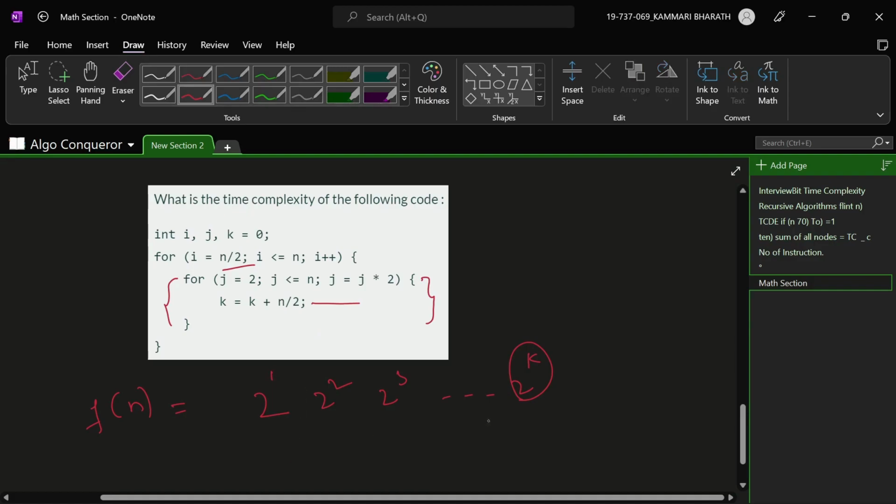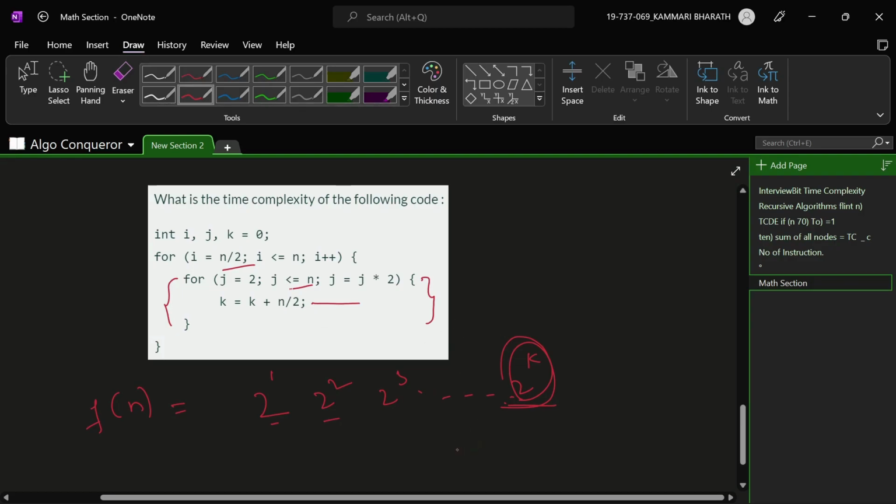So how many terms are there in this? K terms. When does the condition break? When the last condition that holds is 2 power k is equal to n. J initially was 2, then 2 square. It goes on until 2 power k. At 2 power k, it is equal to n, and after that it will break.